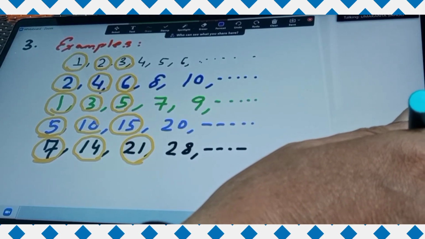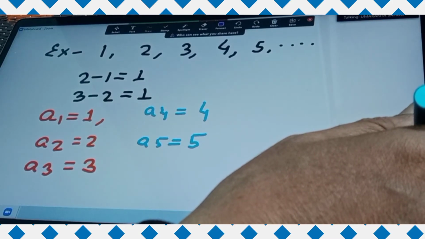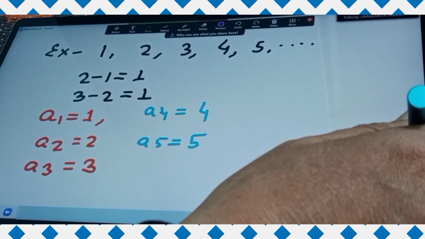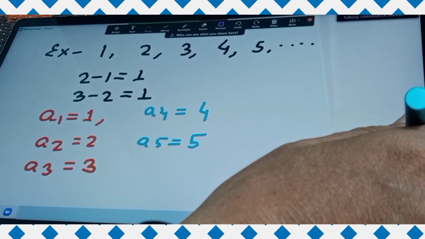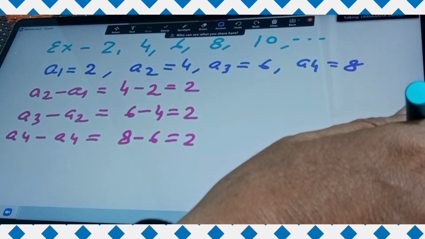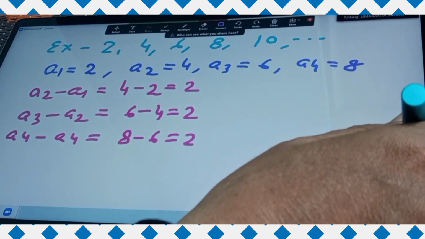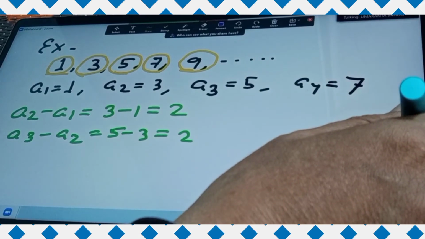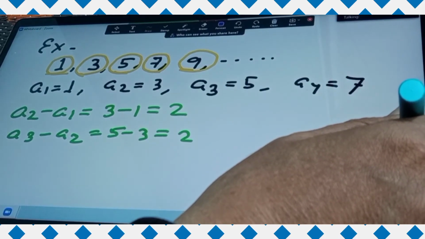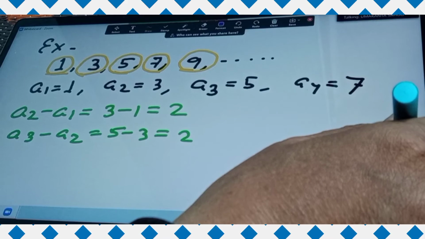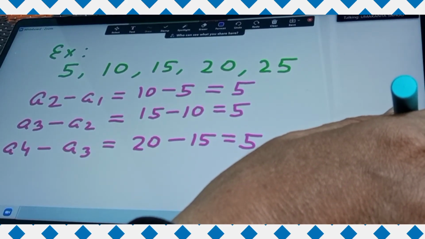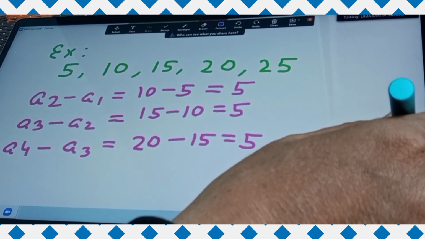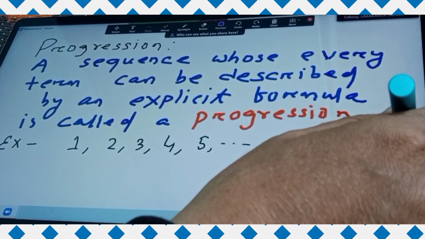These are the sequences, and here the terms of the sequence: first term, second term, third term of the set of natural numbers. Here the sequence of even numbers, and here the sequence of odd natural numbers, and here a sequence of multiples of 5.